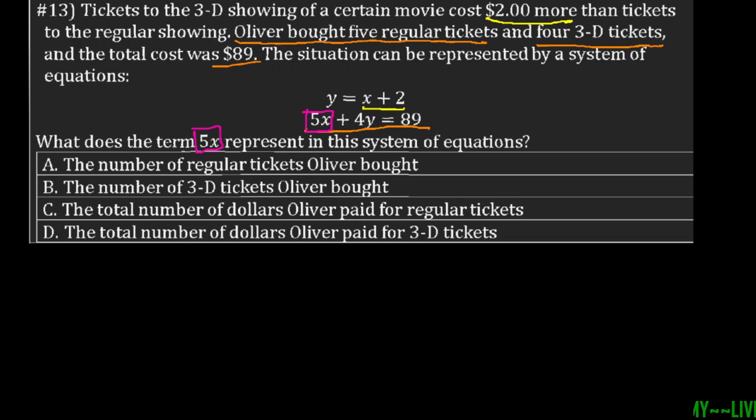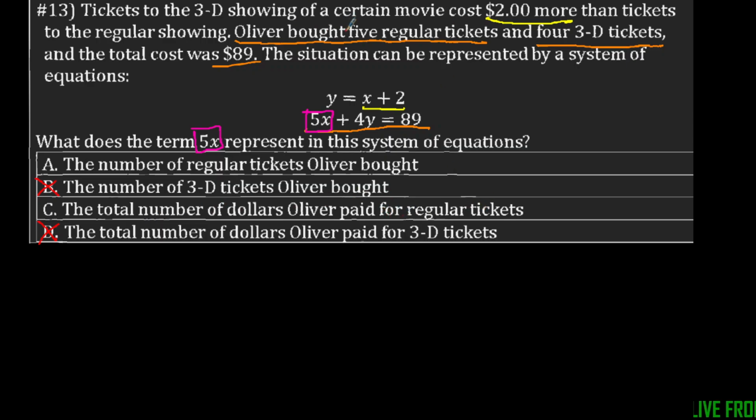So we know that we can cross out B and D because we know it's going to be the regular tickets. And so we're trying to say, okay, well, the number of regular tickets Oliver bought or the total number of dollars Oliver paid for regular tickets.